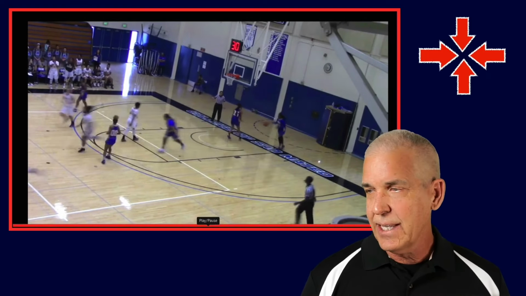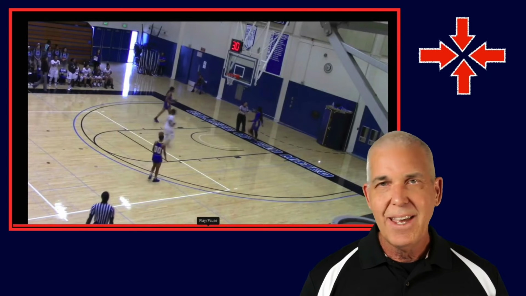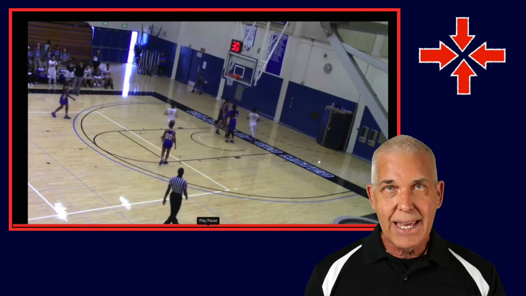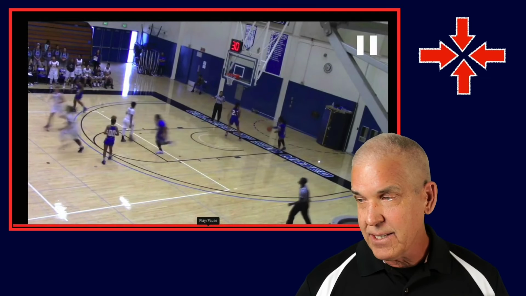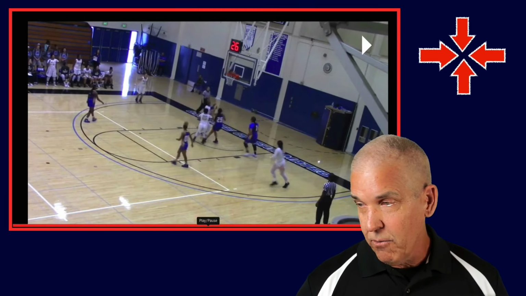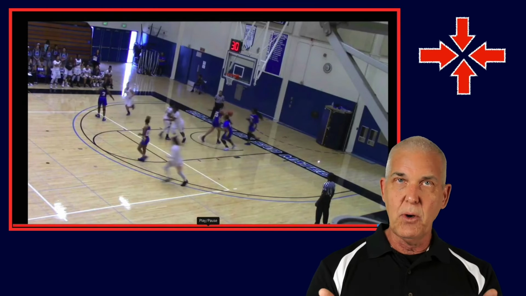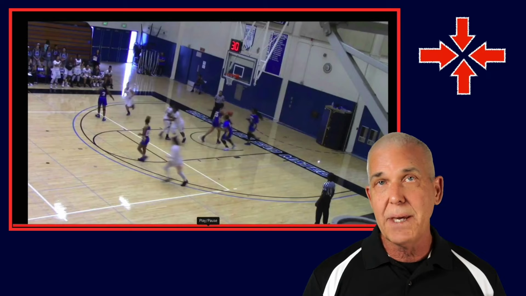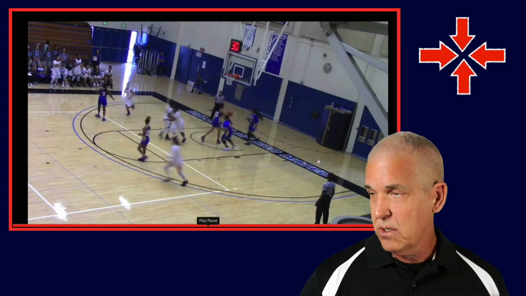If we take a look at this play, it's possible to make an interpretation that when the first player right here grabs the ball, it is at the disposal of the team and the official could begin a count. I think that would be erroneous.